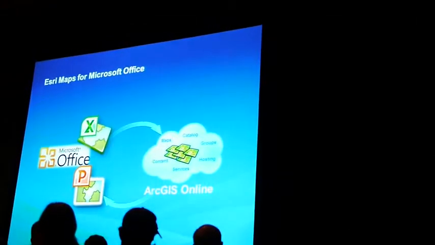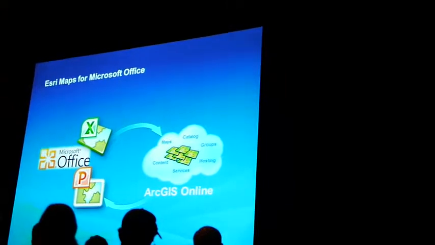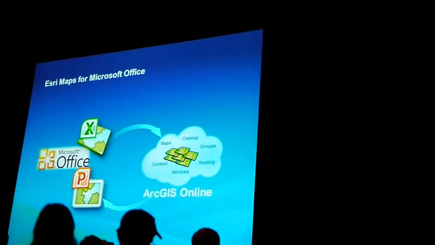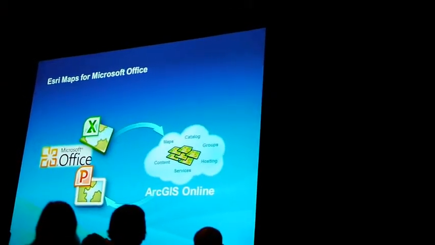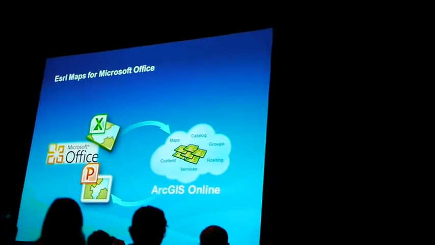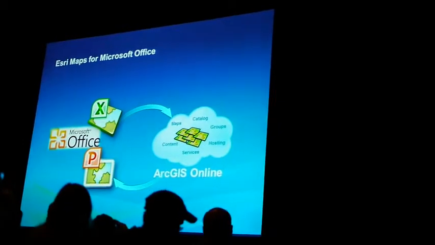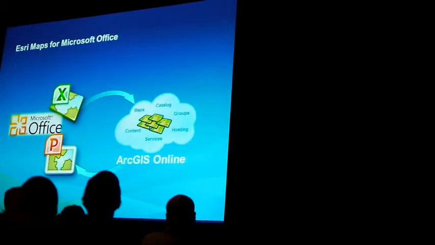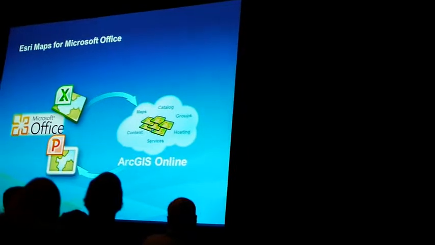So you saw in action ESRI Maps for Office. What ESRI Maps for Office does is bring GIS, mapping, spatial, into Excel, into PowerPoint, and it also works with ArcGIS Online. So it brings in all of the content that you might have in ArcGIS Online into Excel, not only as maps in SharePoint, but also as layers in Excel.